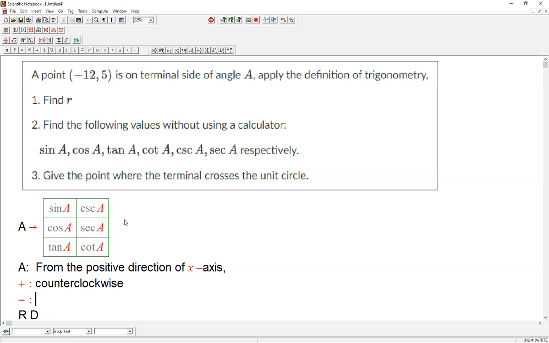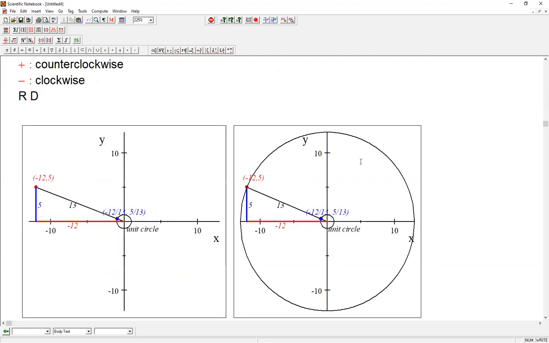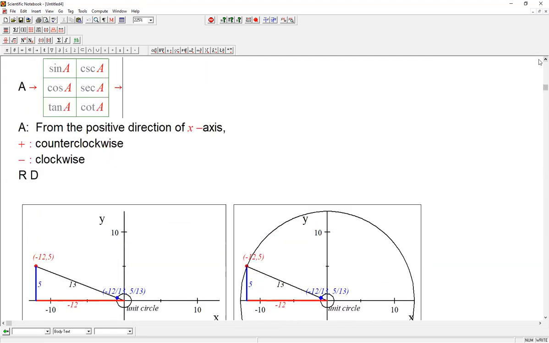And negative angles are angles measured from the standard position clockwise. Very simple, consistent. And the ratio, the output: how the output is produced.